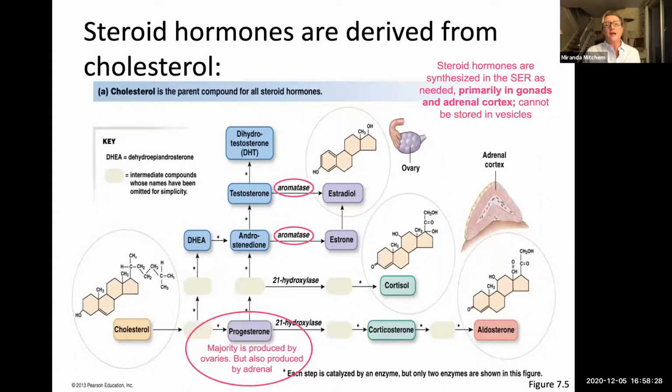All right, I know this is a really complicated, probably scary looking figure, but it shows you the relatedness of all of these steroid hormones that are based on cholesterol. So this is the structure of cholesterol. So that means that every single steroid hormone has this structure in it. So what makes them different are the side chains that attach onto the cholesterol molecule.